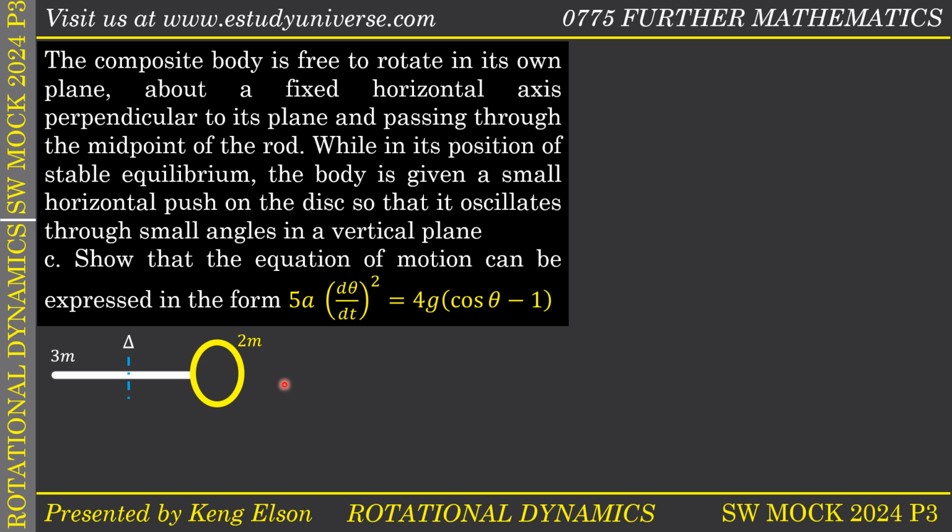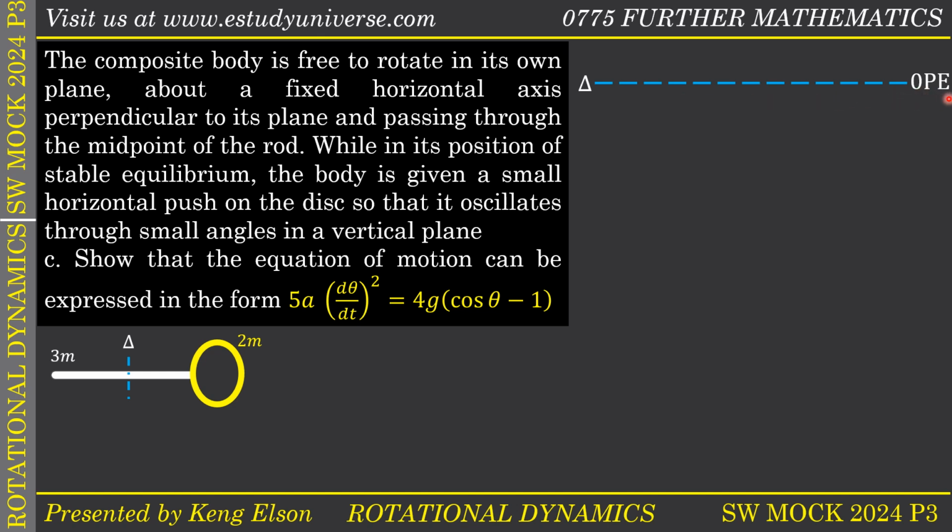So for the sake of time and energy invested, I'm not going to draw everything. I'm just going to indicate the whole system with a line. First of all I need to indicate the axis. The axis is delta and it's horizontal, and the axis is always the line of zero potential energy.